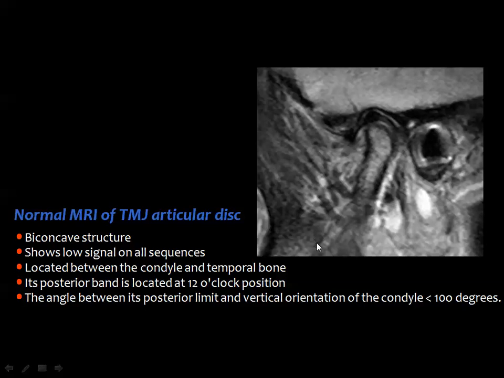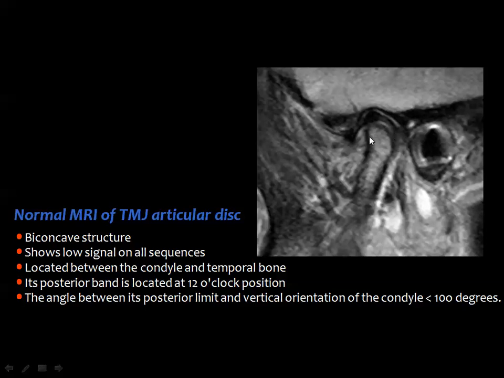In the normal situation, you see the articular disc, which is this black structure, as a biconcave structure. This is the anterior band, and this is the intermediate zone, and this is the posterior band, and this is the retrodiscal or the bilaminar zone.